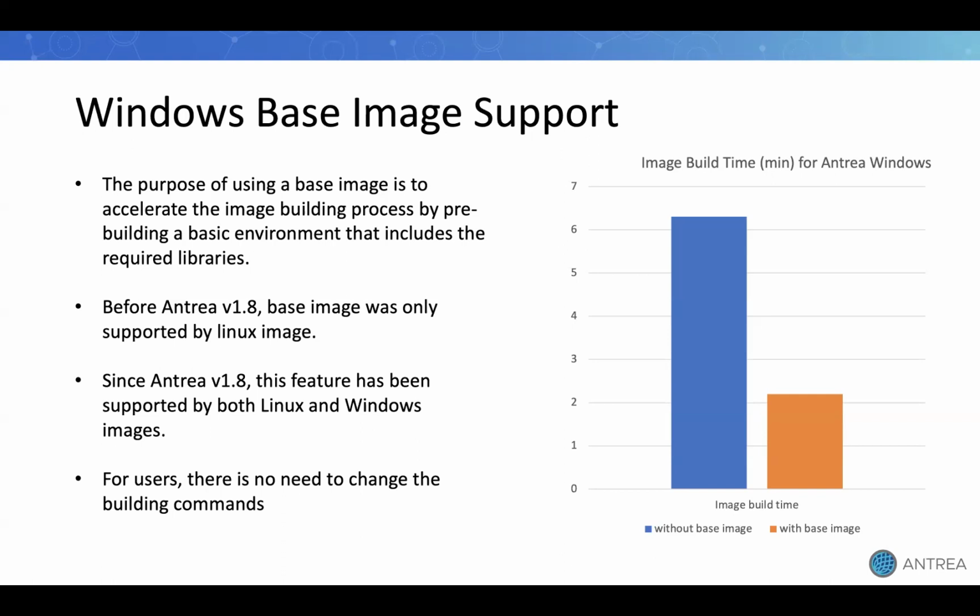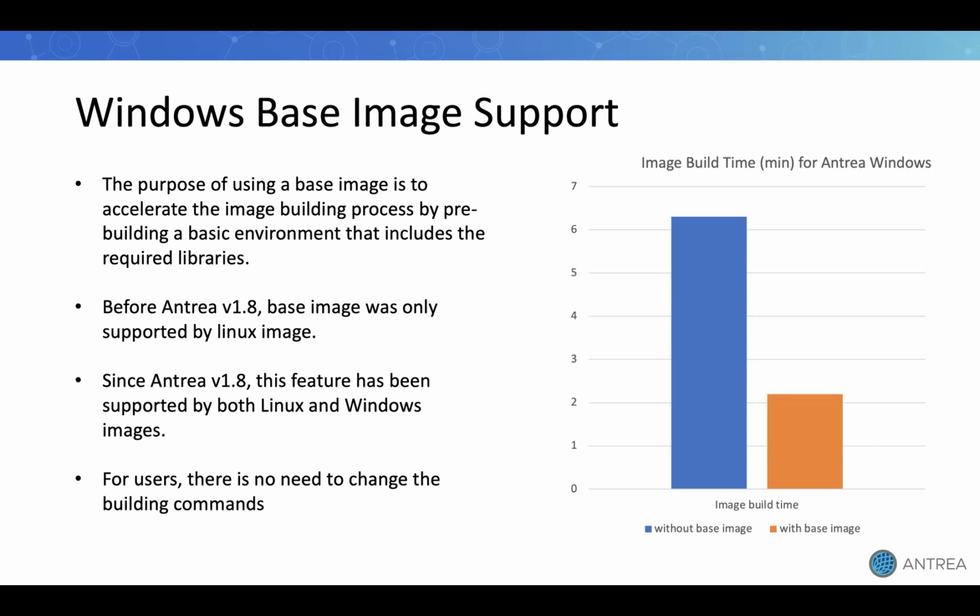That's our motivation. One of the optimizations is to enable building the Windows base image to accelerate building the agent image, because after investigation, we found we wasted a lot of time downloading duplicate libraries and files to create the base environment.